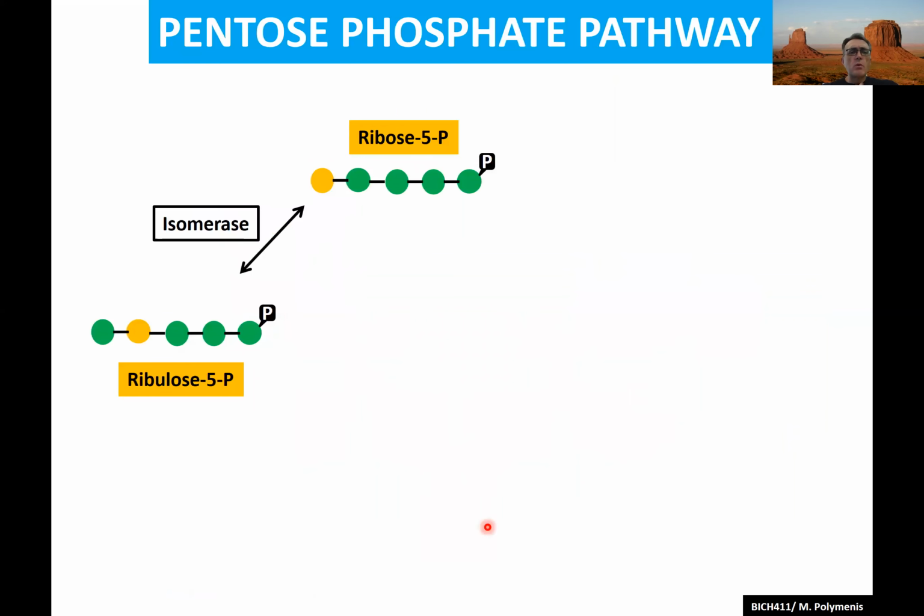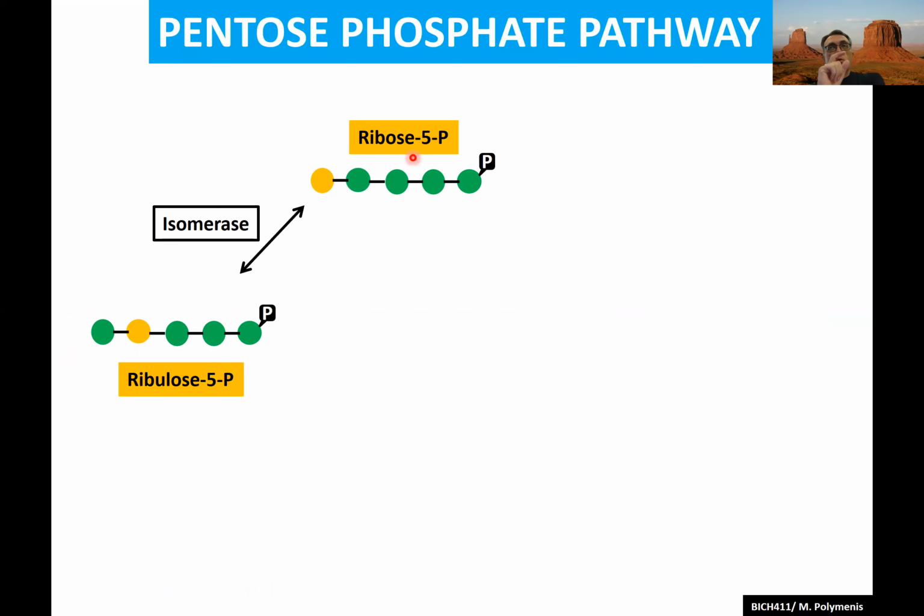All right, so this is what we get, ribulose 5-phosphate from the oxidative part of the pentose phosphate pathway. Just to remind you that this is what was left out of one molecule of glucose, oxidized and decarboxylated. The isomerase can take it, and we can convert the keto form to the aldo form. That's ribose 5-phosphate.